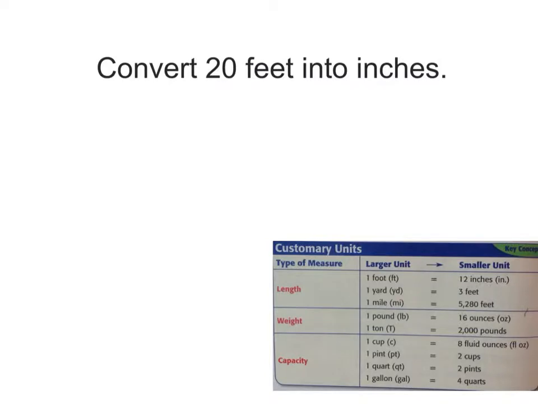So let's take a look at how we convert. This one says convert 20 feet into inches. Again, remember the first thing I want to do is figure out, am I going smaller to bigger or bigger to smaller? Now if I look down here, I know that there's 1 foot and 12 inches, so I know a foot is bigger than an inch. So I'm going bigger to smaller.